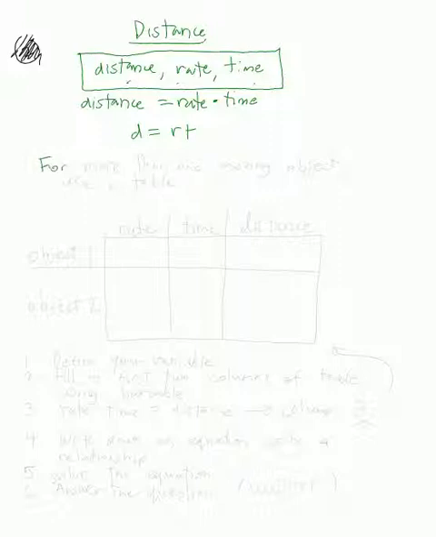So, what's going to help you? For more than one moving object, we're going to use a table. And you're going to see a common theme here. The table is going to be really useful for many different types of word problems. Now, what do I mean by a table?